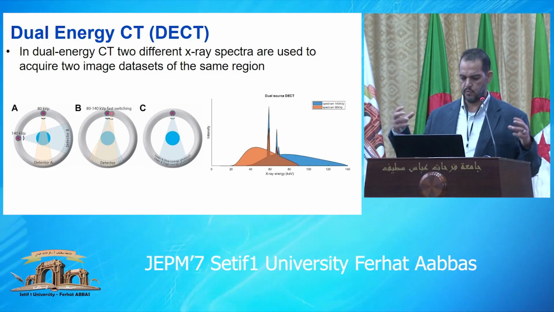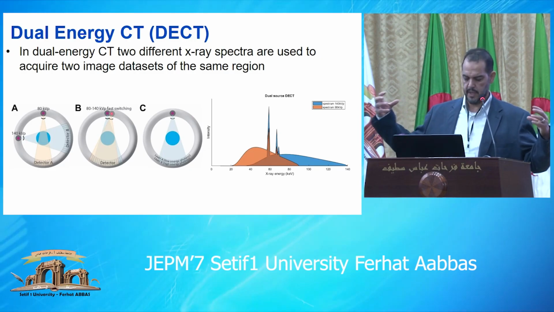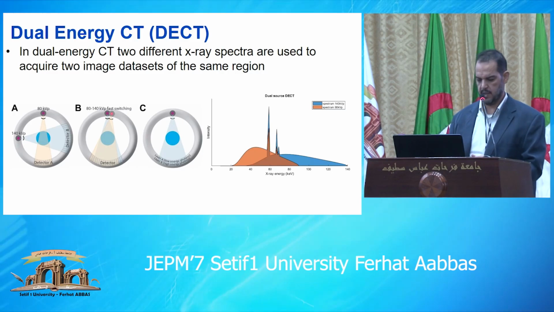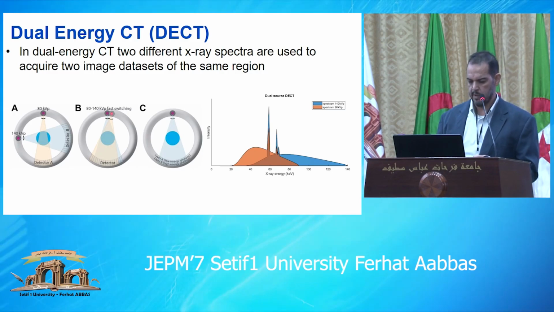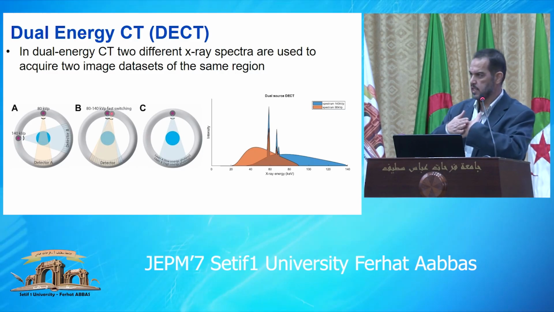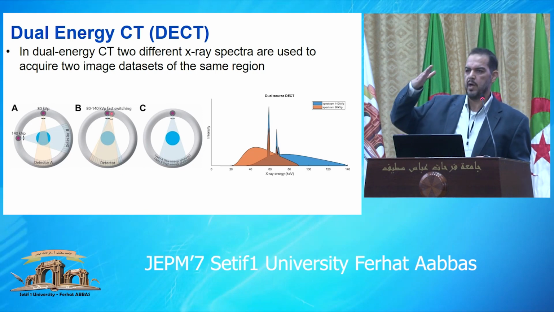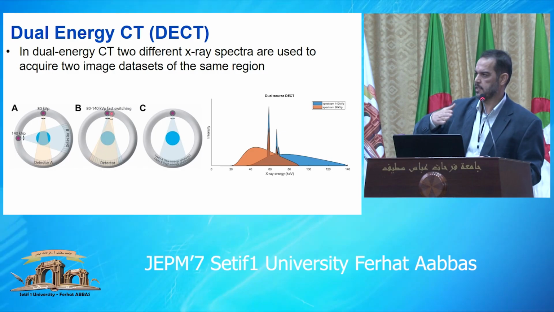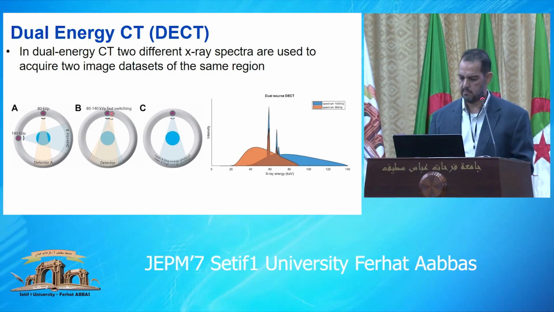Another way is to have 2 X-ray tubes and 2 sets of detectors at 90 degrees, and you collect images. Or you can also have 2 layers of detectors, where one layer acquires the low energy, and the layer behind it acquires the high energy image.